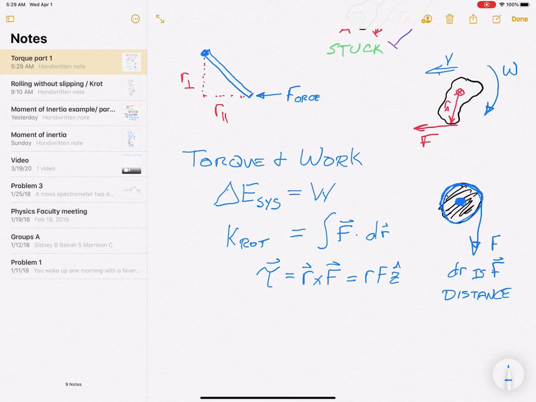All right. So we need to substitute in our force into this mess because, after all, that's what work is looking for. It's looking for a force to be applied. So, again, work is integral F dot dr.